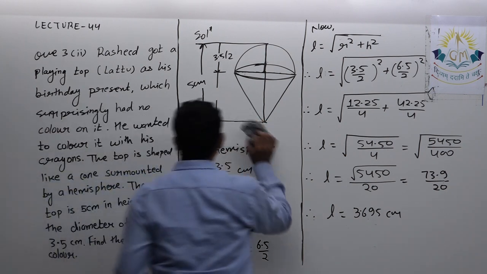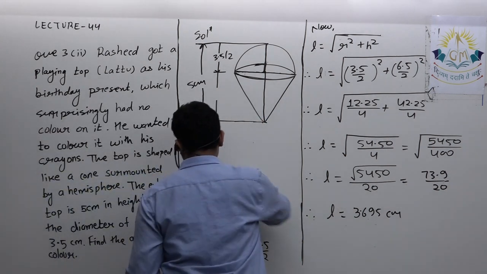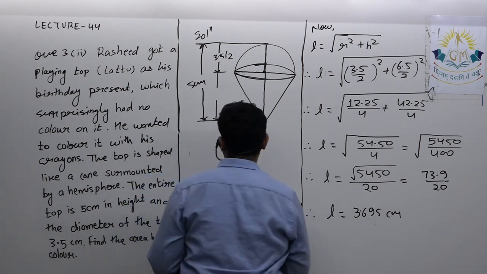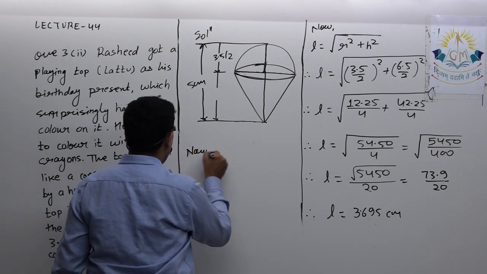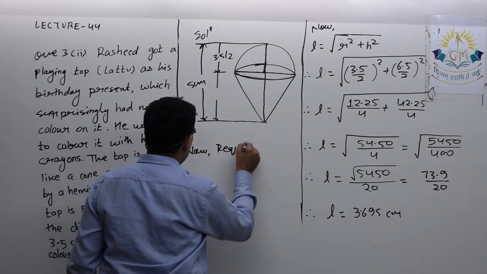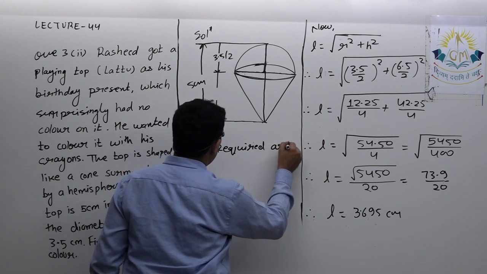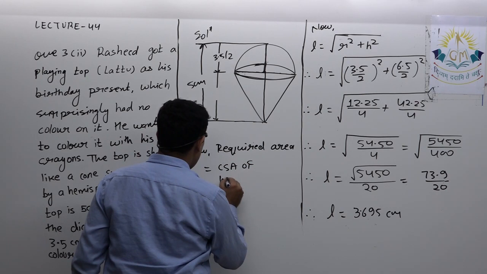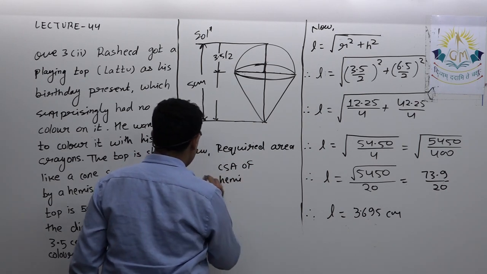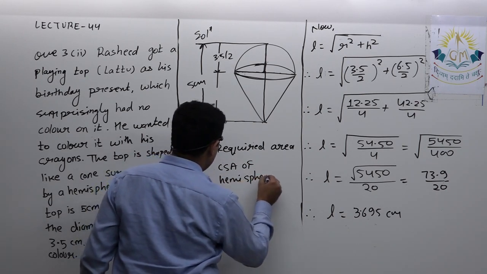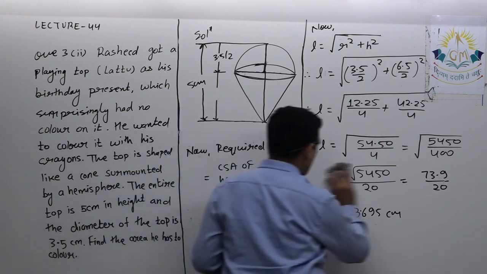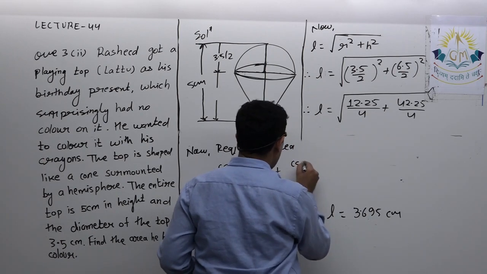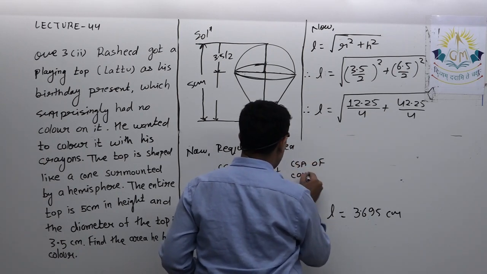Okay, so now we'll come to the main thing that we have to find. So required area is equal to CSA of hemisphere plus CSA of cone.